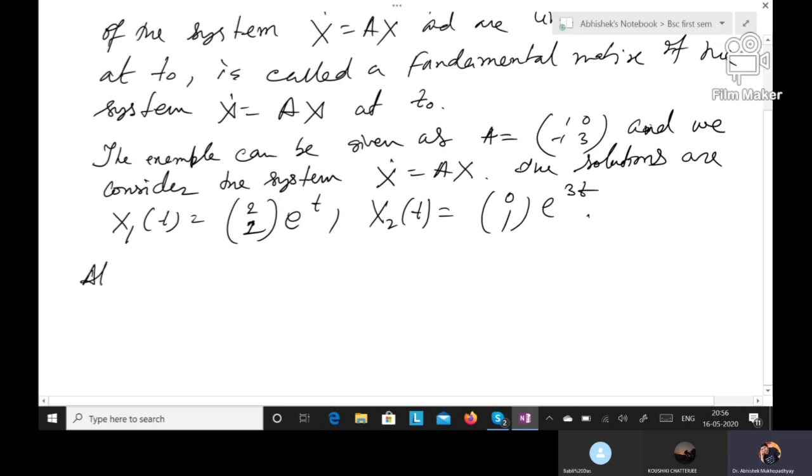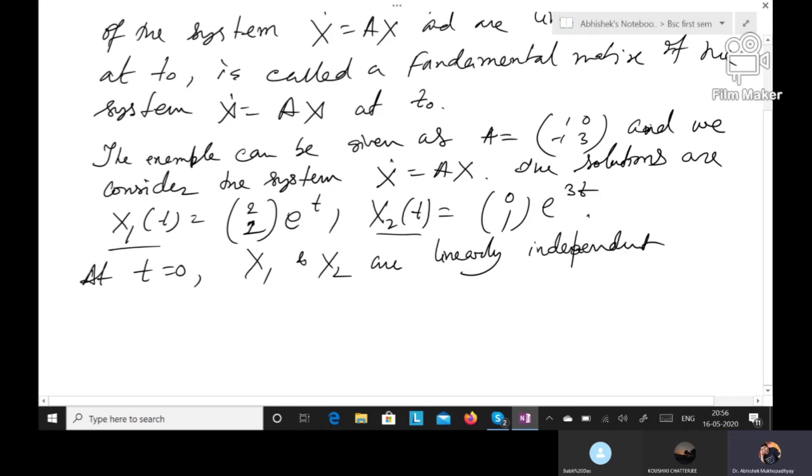Now at t equal to 0, these two solutions x1 and x2 are linearly independent. Why are they linearly independent? Because if we put t equal to 0, then x1 is the column vector 2 1 and x2 is the column vector 0 1. Then we can evaluate the determinant of 2 1 0 1, and the determinant will be 2. So 2 is not equal to 0, and therefore x1 and x2 are linearly independent.